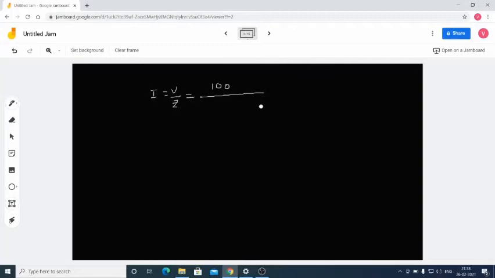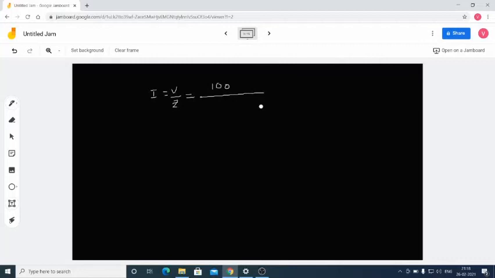Finally we will get 11 minus j1. So what is the magnitude? The magnitude of A plus B is the square root of the real part squared, 11 squared, plus the imaginary part squared, minus 1 whole squared. We will get 11.045. What is the slope?